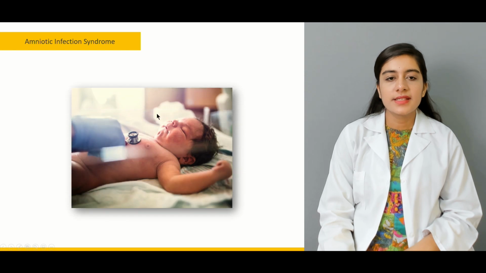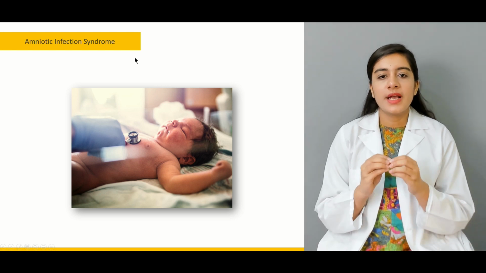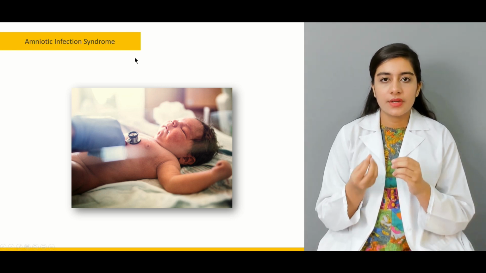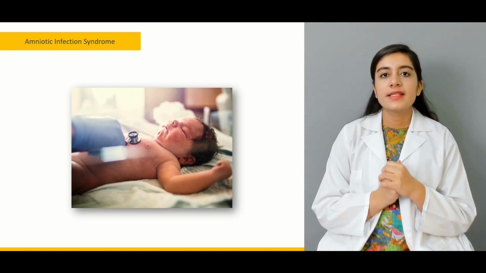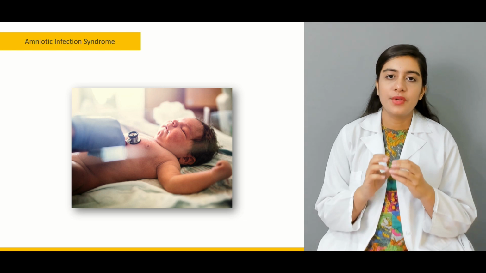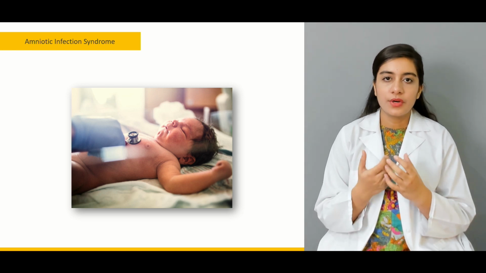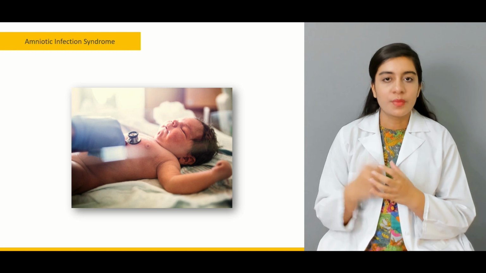Okay, now the second disease that we will be discussing is amniotic infection syndrome. Amniotic fluid is the fluid in which the child is present, and any disease that is infecting the amniotic fluid will lead to amniotic infection syndrome.